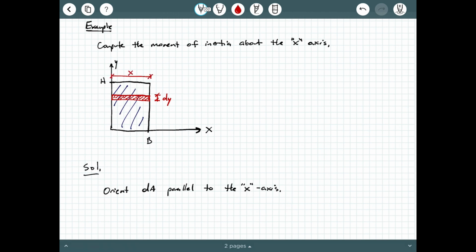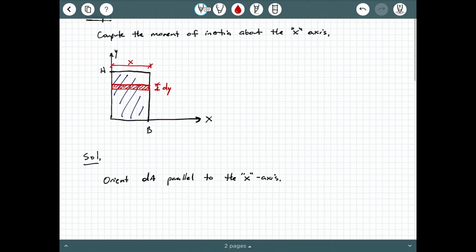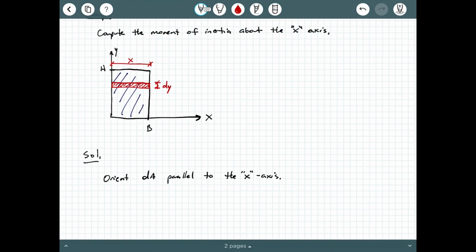So again, if you look back in your notes, that was our suggestion: orient your dA slices parallel to the axis that you're interested in calculating I about. So how do we know that this dimension is little dy? Well, you're making a differential teeny tiny area with a teeny tiny height of dy, but a width of x.